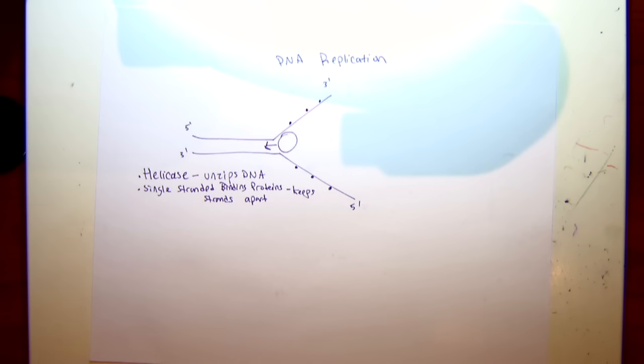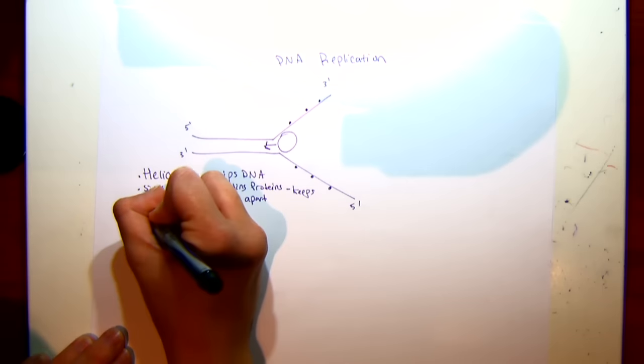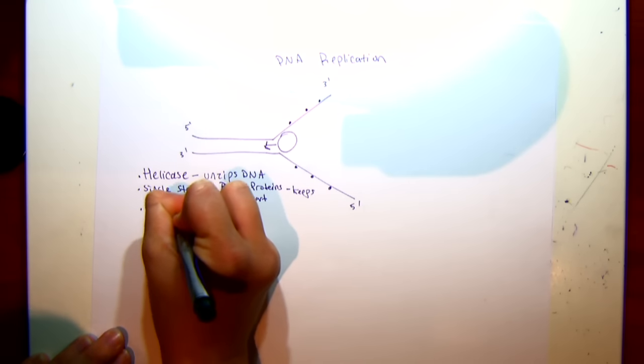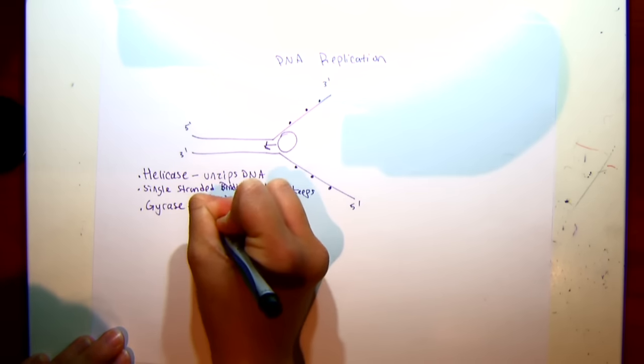So after we have the single-stranded binding proteins, what is the last thing we need to make sure that our DNA is good to go and we can start the actual replication process? Gyrase. Good. And what does gyrase do?